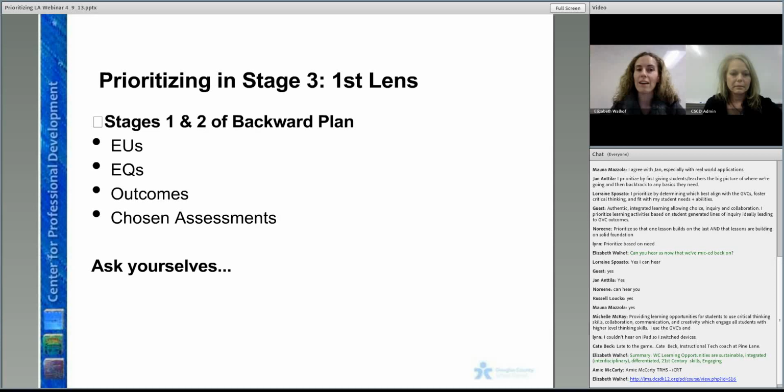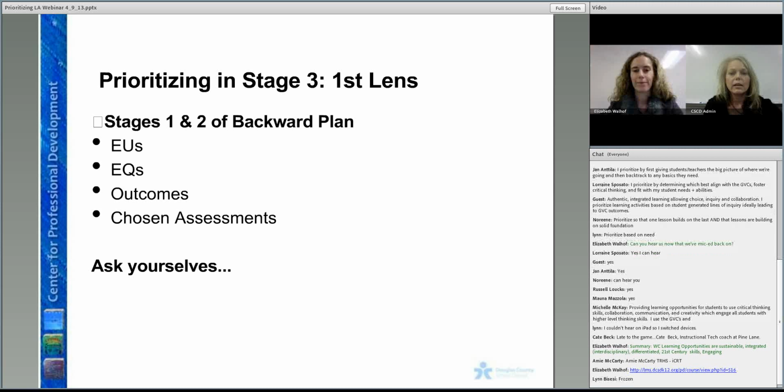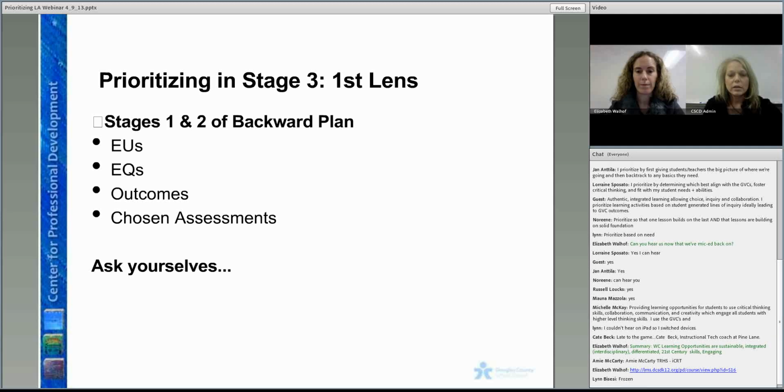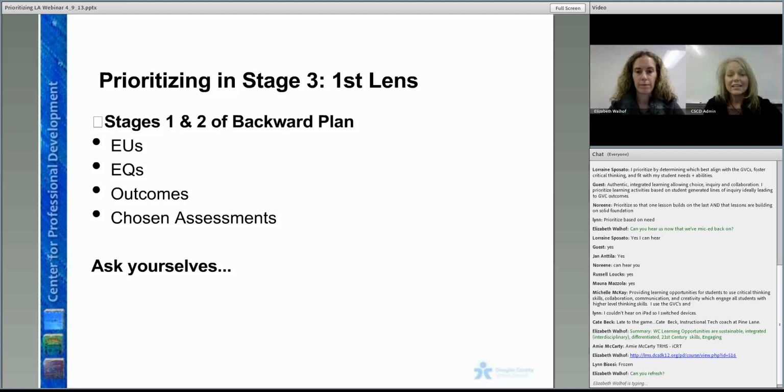We want you to ask yourself some questions about that. Does what and how I'm teaching support students in meeting or exceeding the goals established in stage 1? If we're looking at our prioritization through our first lens of our stage 1 and 2 backward plan, when you're considering those stage 3 activities or opportunities, are we providing opportunities for students to meet and exceed the outcomes that we've written in our stage 1?